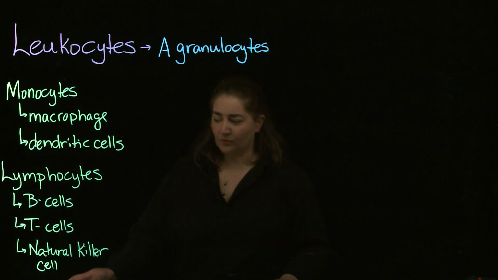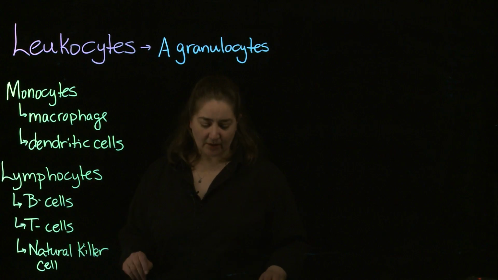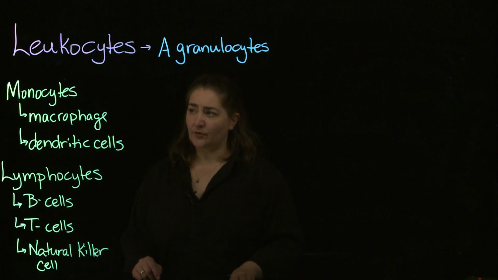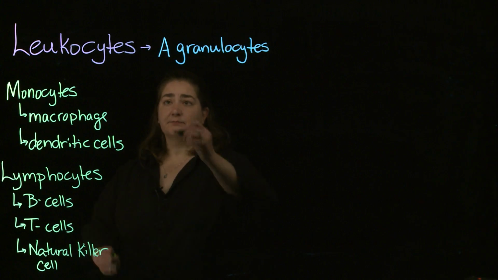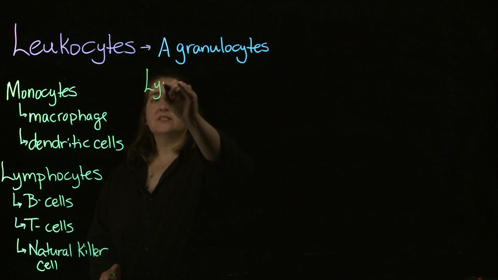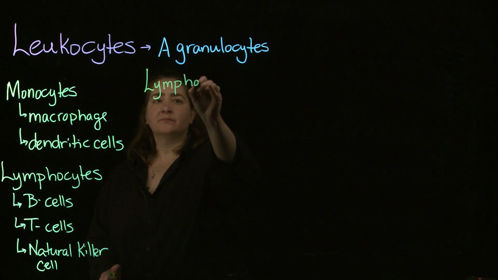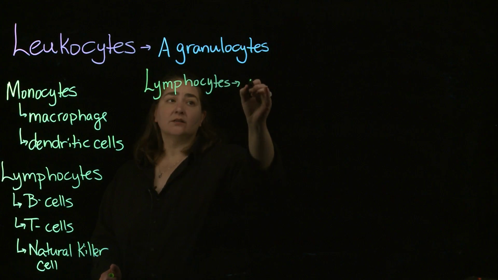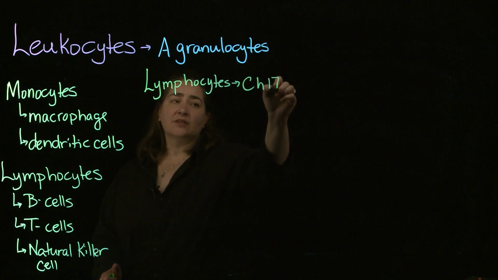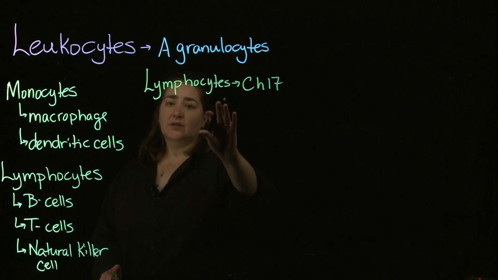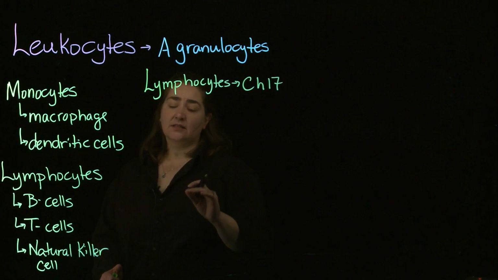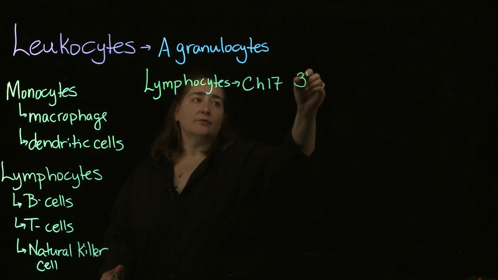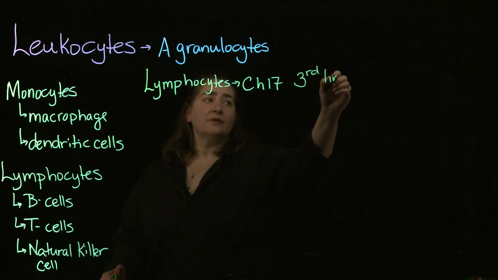All right, so the next part of the agranulocytes that we'll talk about are going to be the lymphocytes, okay? The lymphocytes we are going to go over in a whole lot more detail when we get to chapter 17, because these are part of the third line of defense.